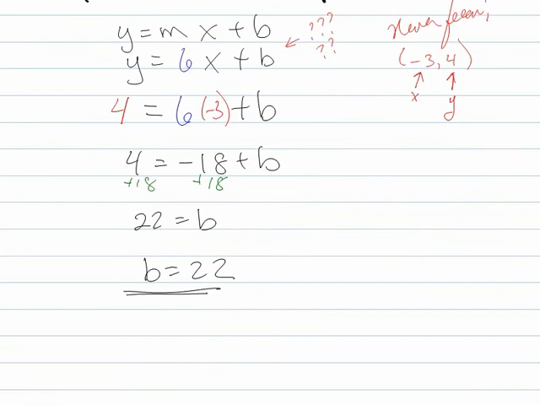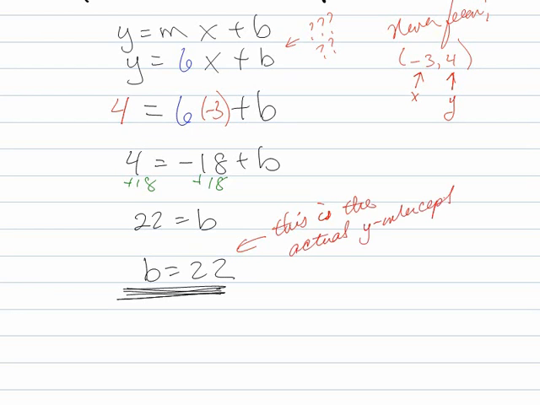And believe it or not, this is your value for b. This is the actual y-intercept. And that's actually kind of cool. So now we can solve this.